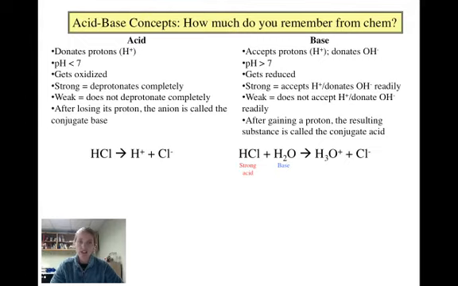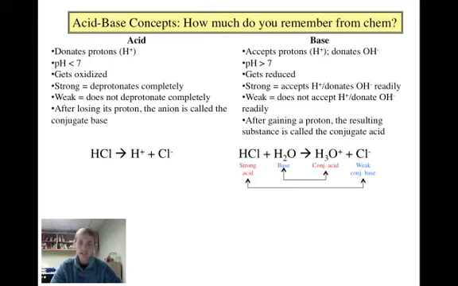As a result, HCl is the acid and water is the base. Once HCl loses its proton, it becomes the conjugate base. The water that has taken the proton from HCl becomes H3O+, the conjugate acid.